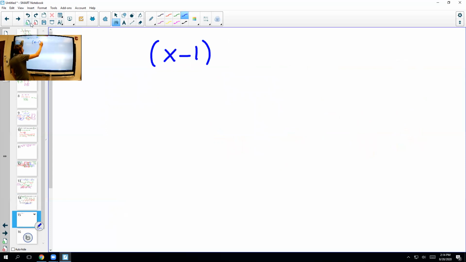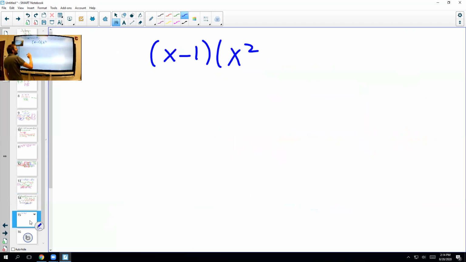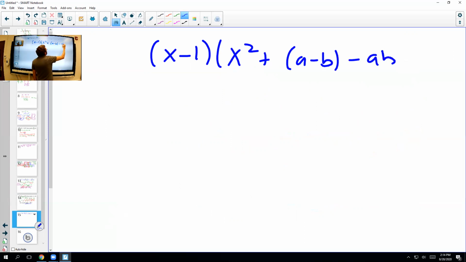So we have the x minus 1, and then we have the x squared plus A minus B, minus AB. Okay, so now we want to factor this thing.